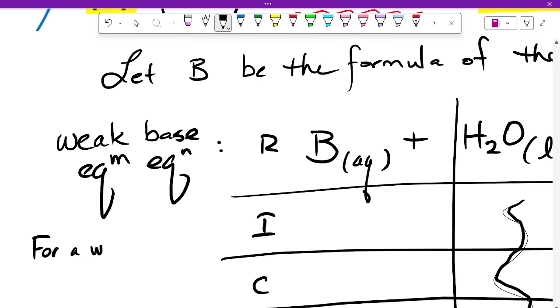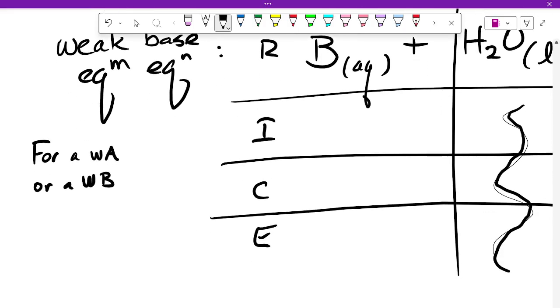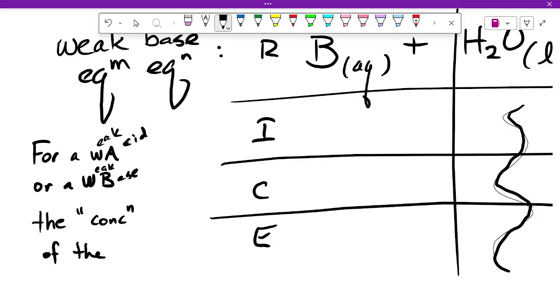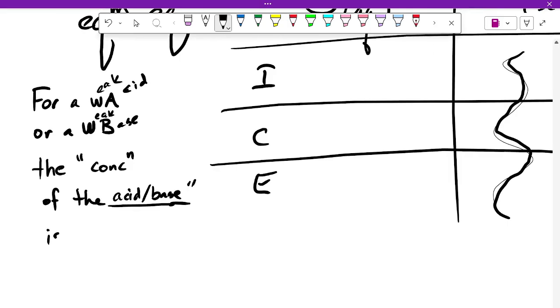For a weak acid or a weak base, WA, WB, the concentration of the acid or base is always the initial concentration.